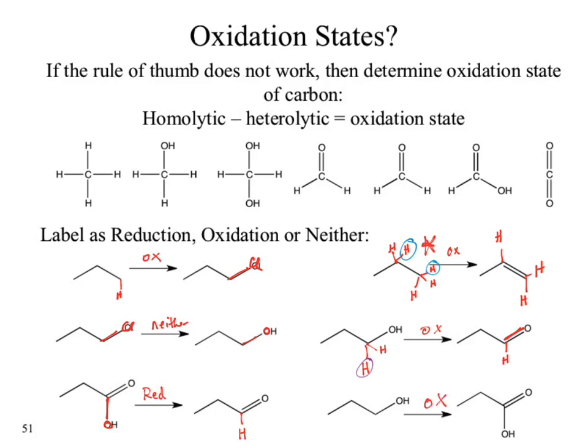Make sense? Huh? For which one? The last one, if we go through and evaluate that, what happened to those two hydrogens? They were lost, so a loss of hydrogen would be oxidation.